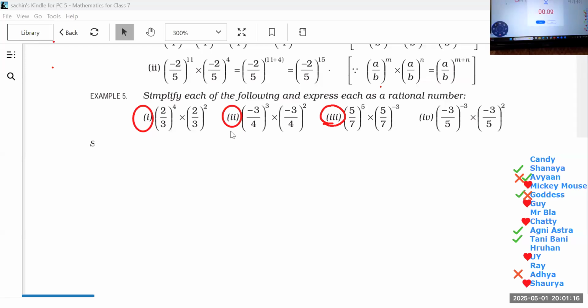Candyman, Ruhan, Ray, send your answer. जितना हुआ है उतना भेज दो. If you have done one, just send for one. It is one.